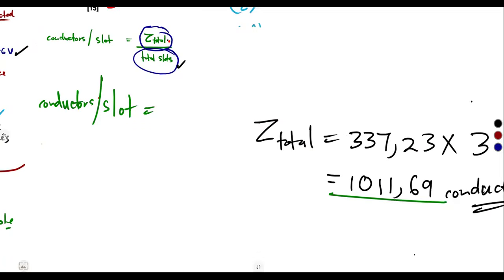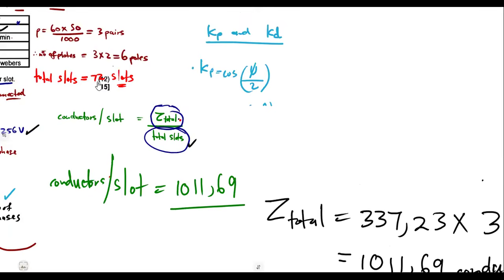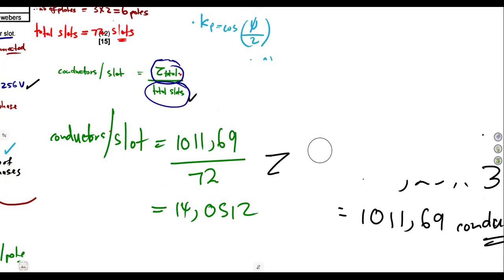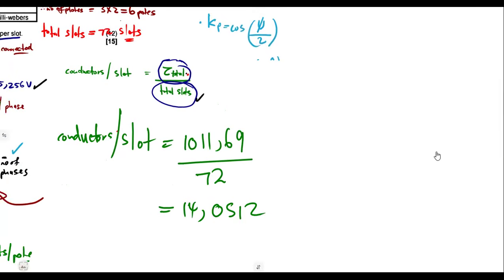So we have got our total number of conductors, 1011.69, over the number of slots. How many? The total slots. We calculated this. It was 72. So dividing this, it gives us 14.0512, something like that. That's how you find out these values, guys. Present your information, your formulas.